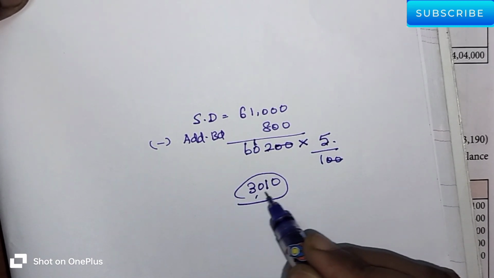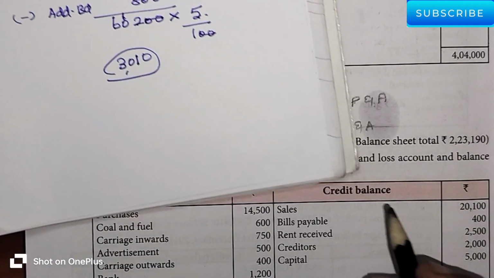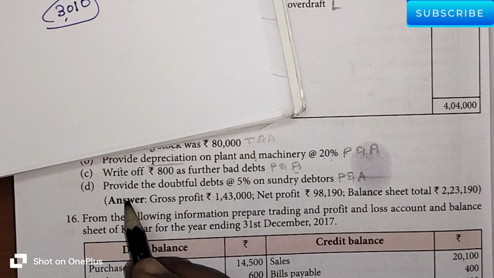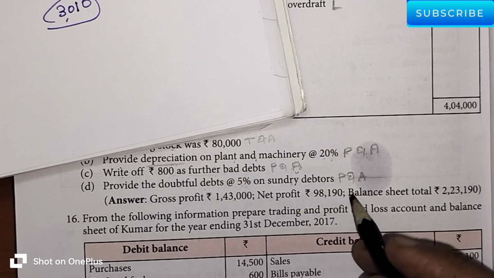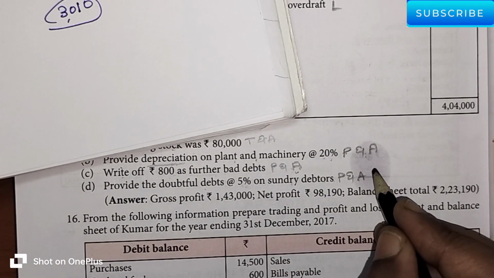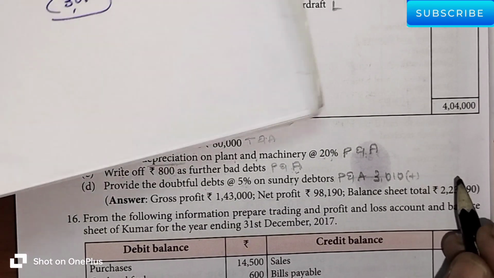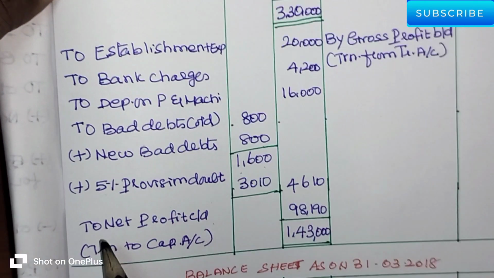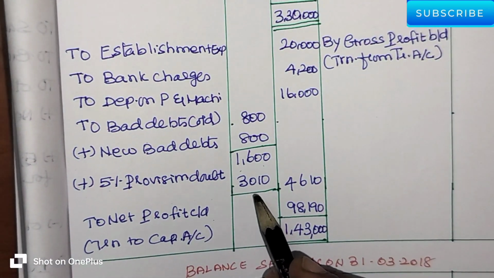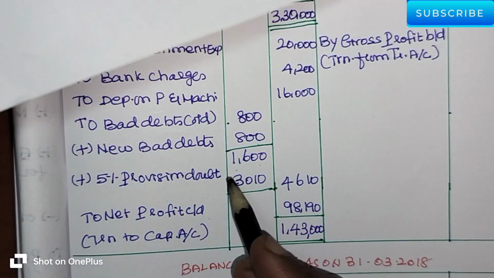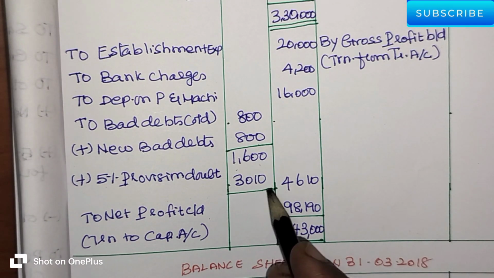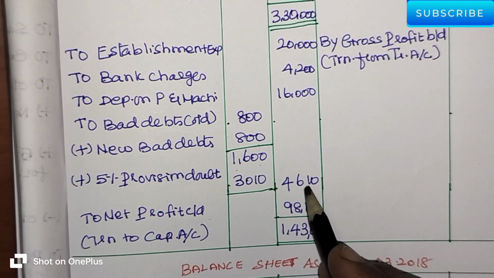So we have 3010 rupees for new provision for doubtful debts. How much rupees? 3010 rupees. We have to add this one. So for that new provision 5%, 3010 rupees we have entered here. After adding we will get 4610 rupees.